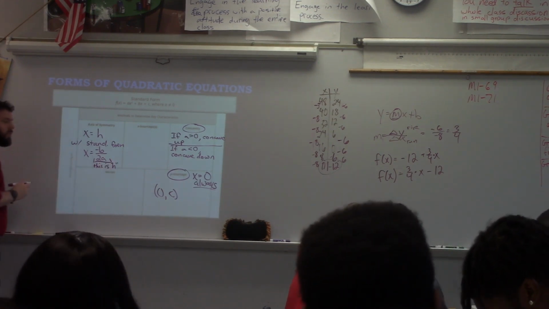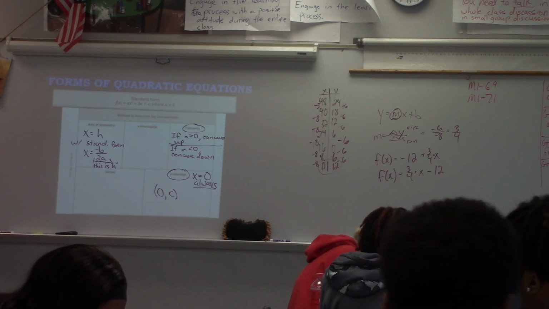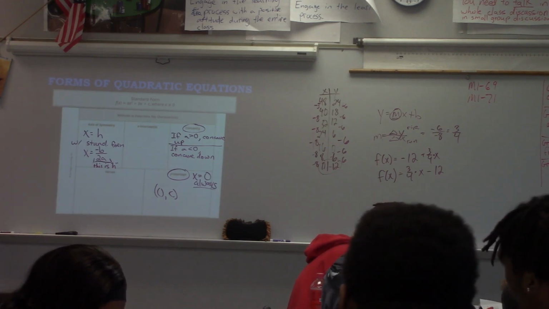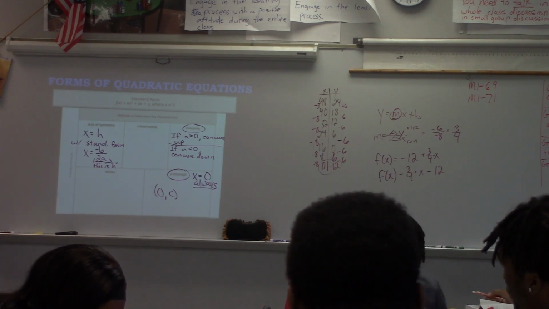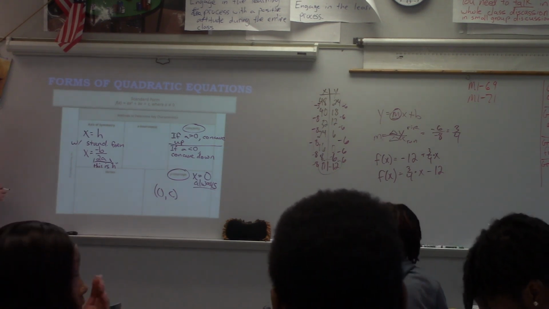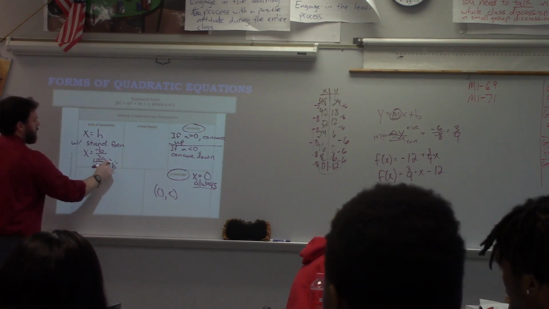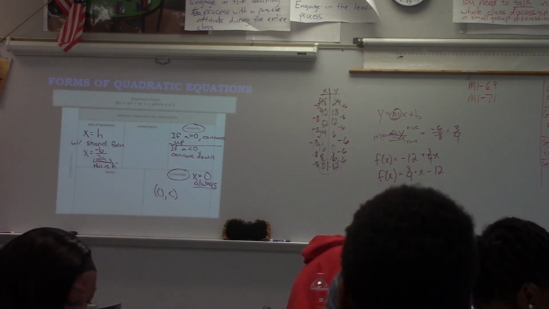Okay, remember H is only in that vertex form, but what we see is that negative B divided by 2A is the H in standard form. This is H, quotation marks. There we go.